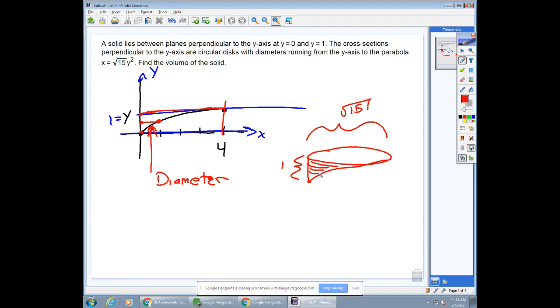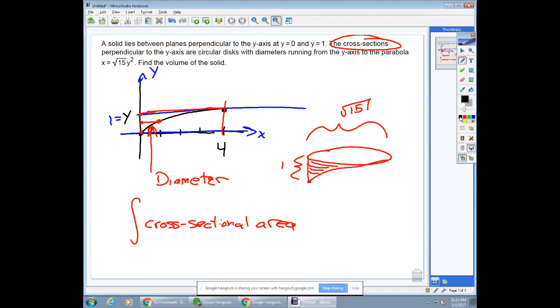And so in general, when we're working with cross sections, we're going to integrate through some distance whatever the cross-sectional area is. Okay, so what does that look like for us here?